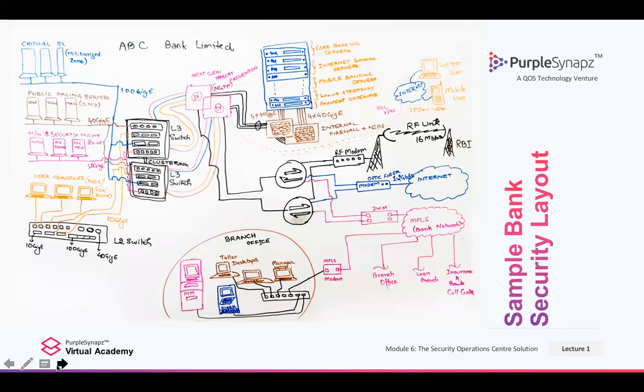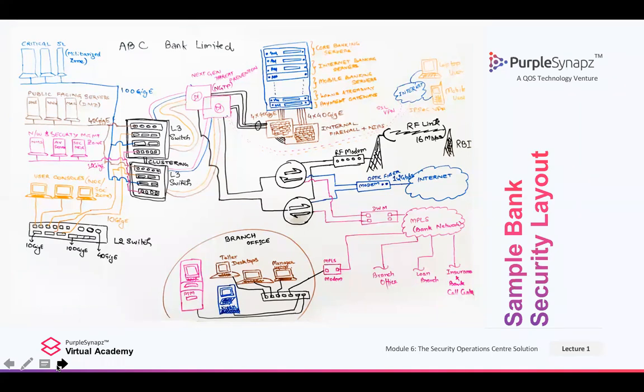As a consumer or user of a bank, we never go to a data center or to the head office of a bank every now and then. We generally go to a branch office at most. So let's start from there, with what a branch office is.